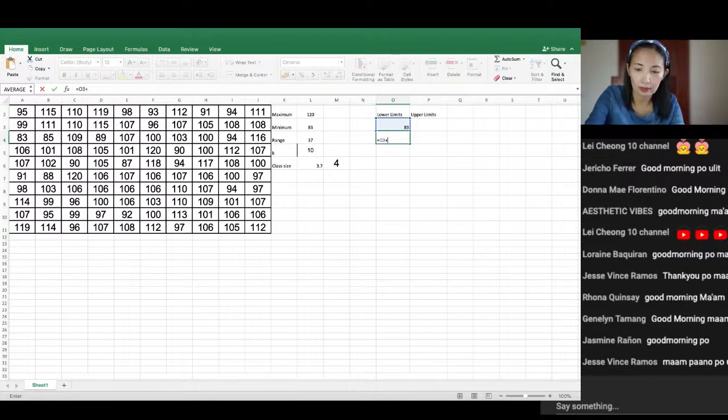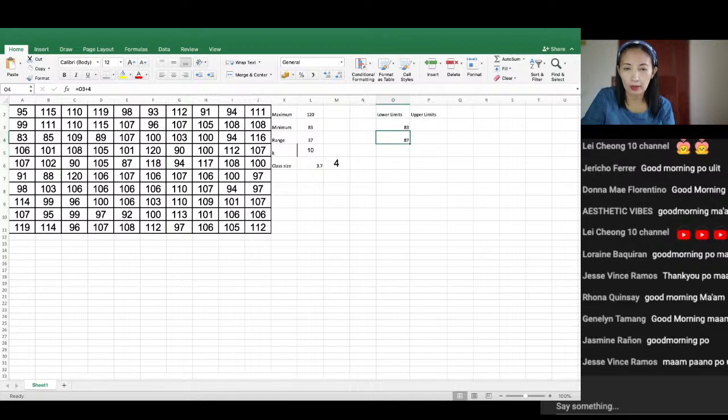Then you simply drag this down. How many classes are we going to set up? 10 classes. So this is the second, third, fourth, fifth, sixth, seventh, eighth, ninth, and 10th class.